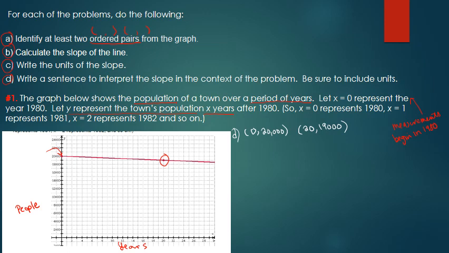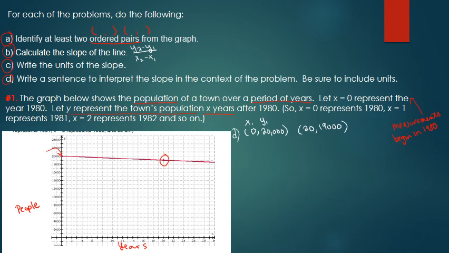All right, now B is calculate the slope of the line. Well, just as a reminder, the slope is y2 minus y1 over x2 minus x1. Well, since we've identified 2 points, we have an x1, y1, and x2, y2. So I'm going to label those. So I'm putting the first point as 0, 20,000.